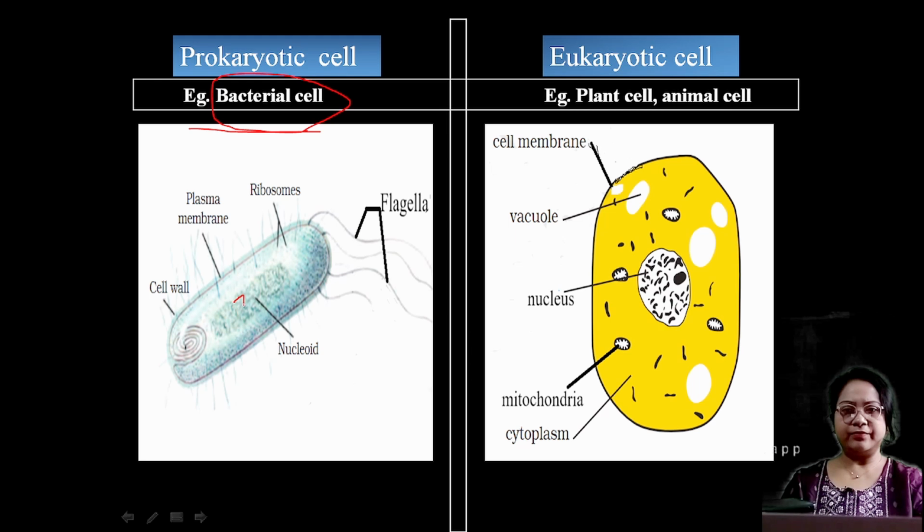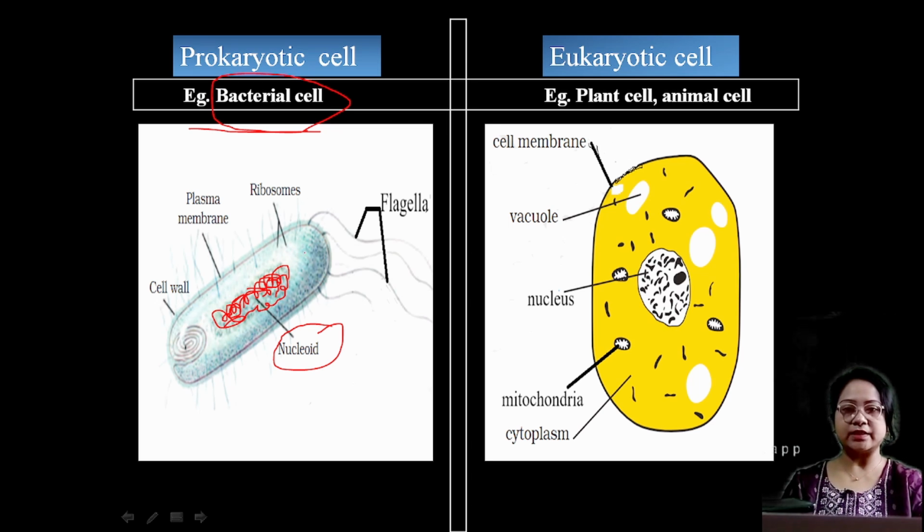Here you can see in the figure the DNA is in this region, but that is not called nucleus; this region where the DNA is found is called nucleoid. And there are no membranes, as there is no nucleus, so there won't be any nuclear envelope. Then you can find some ribosomes here. So ribosomes are what?